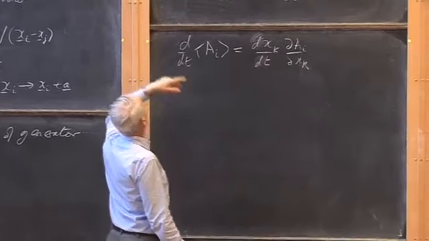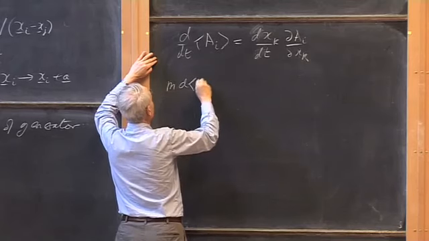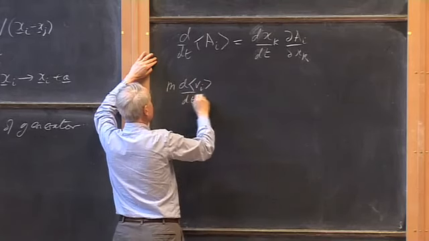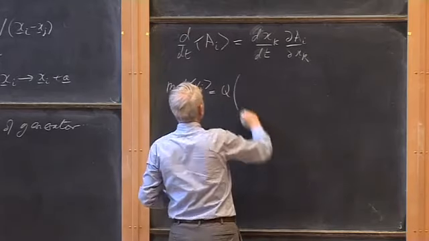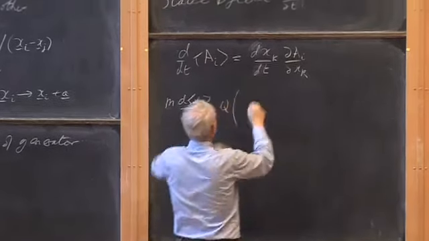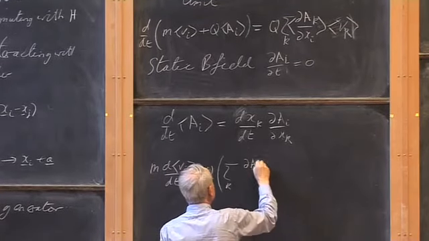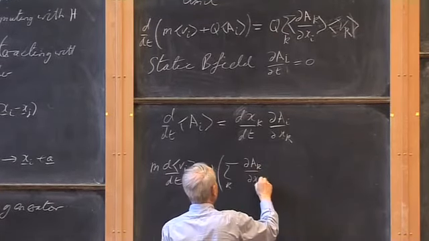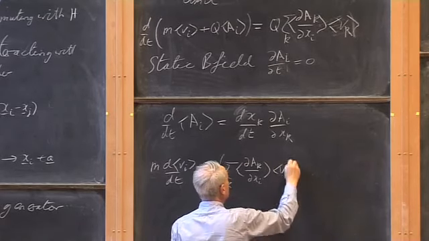So what we now have is that m dv_i/dt, mass times acceleration, is equal to q. There's going to be a factor q on the right. I write down the terms I've already got, sum over k, ∂A_k/∂x_i v_k.